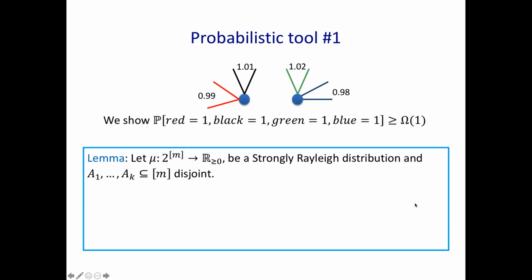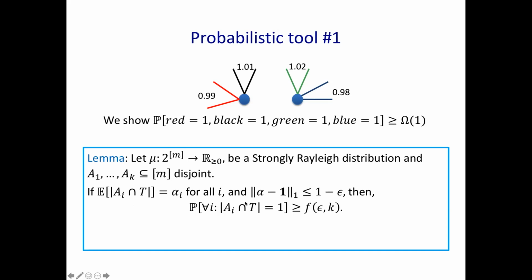More formally, we prove a generalization of a lemma from a paper by Gurvits from 2006. We show that if you have k disjoint subsets of the edges, say, and their expectation is close to the all ones vector, then the probability every set has intersection 1 with the tree is a function of only k and epsilon, so independent of m or n.